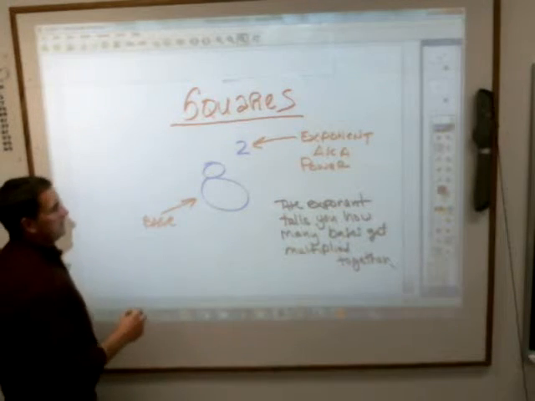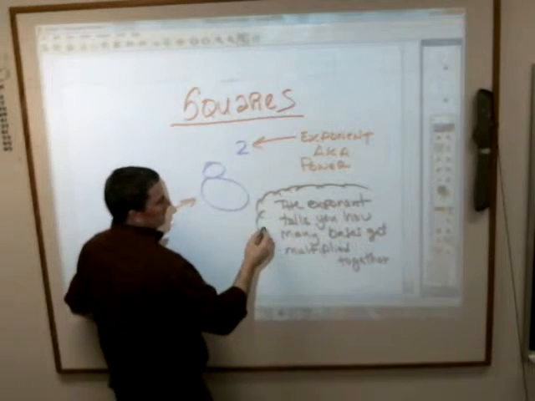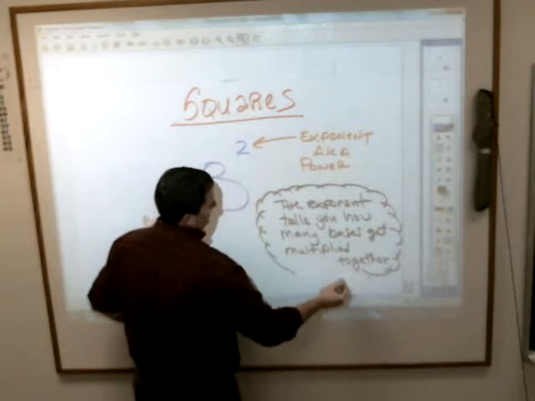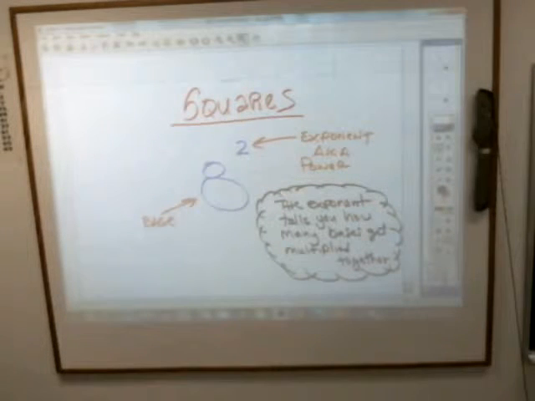Write that down and then I'll tell you exactly what that means. And then I will tell you the mistake that probably at least half of you will make, even when you get to be 7th and sometimes even 8th graders. The exponent tells you how many bases get multiplied together.